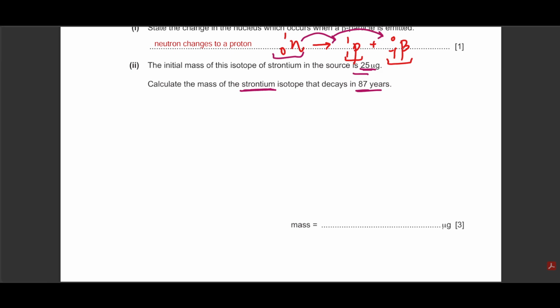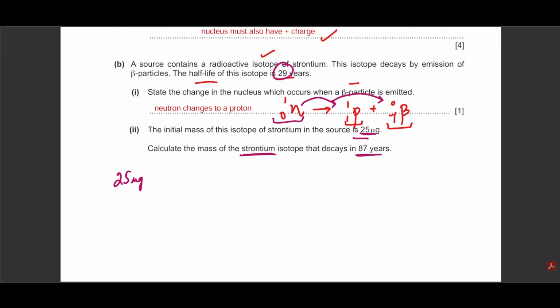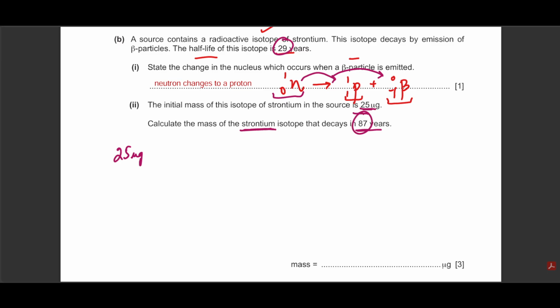So we start with 25 micrograms of strontium element. Now, we need to understand how many times we are going to halve the value. So we have half-life is 29 years. We're waiting for 87 years. So 87 years divided by 29, this comes out as 3 half-lives.